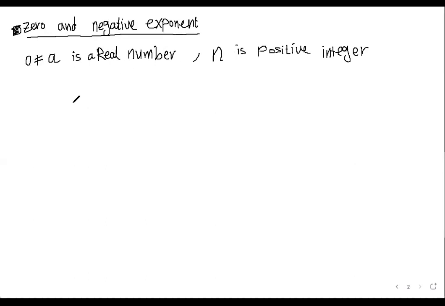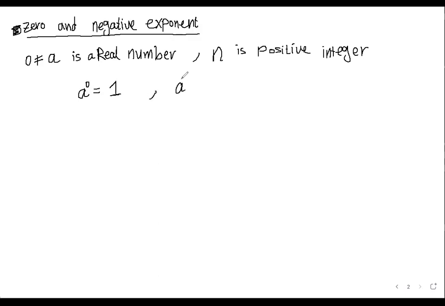So I have to know a to the power 0 is equal to 1, always 1. So any real number, as long as it is not 0, to the power 0 is 1, always.